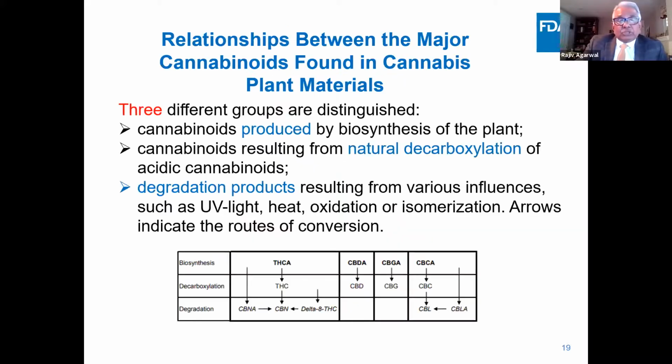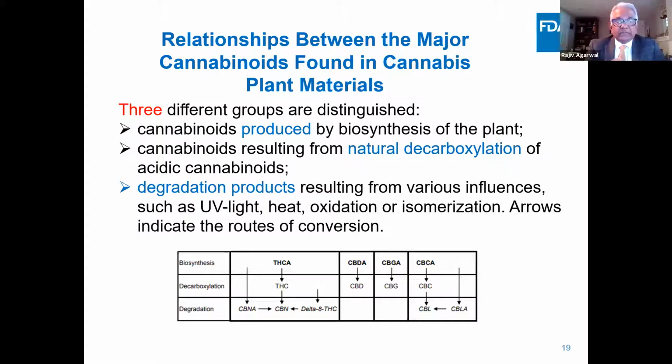Now, what happened? There are three different groups of chemicals that you see in the plant that I mentioned, and they are formed by natural decarboxylation, meaning the acid is gone, and then you will get the THC, and it also produces some degradation products. So I have given you a pathway: CBNA converts to CBN.